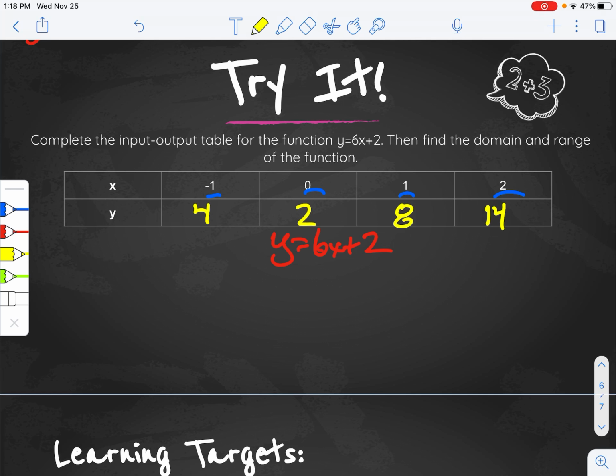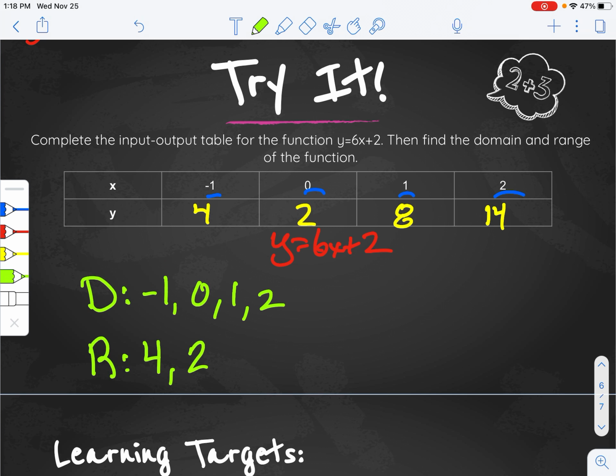For finding the domain and the range, our domain would be all the x values, negative 1, 0, 1, and 2. And the range is all the y values, 4, 2, 8, and 14.